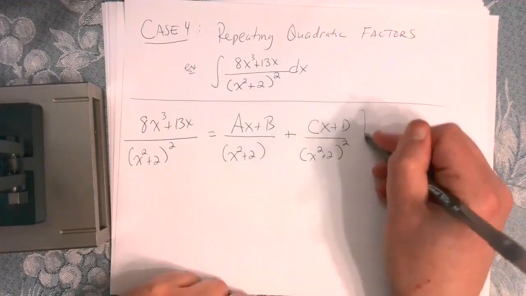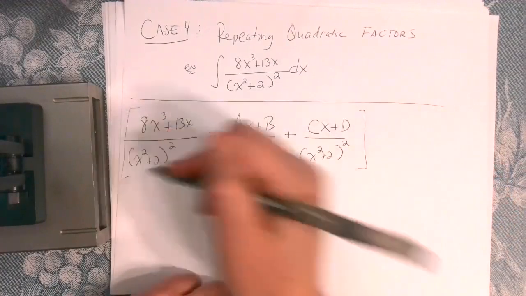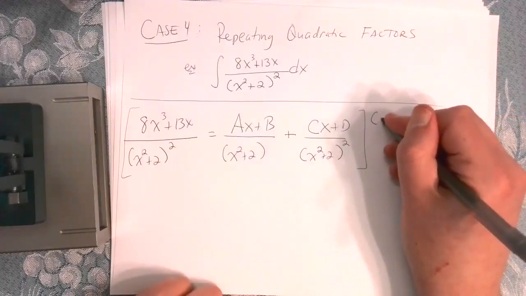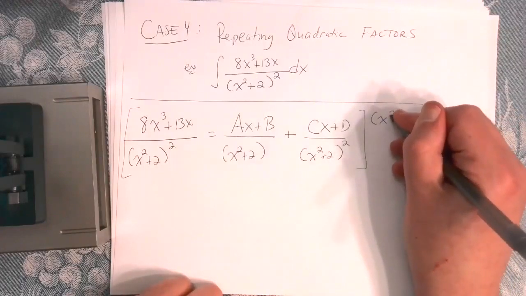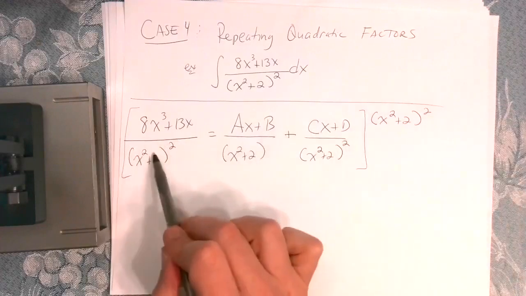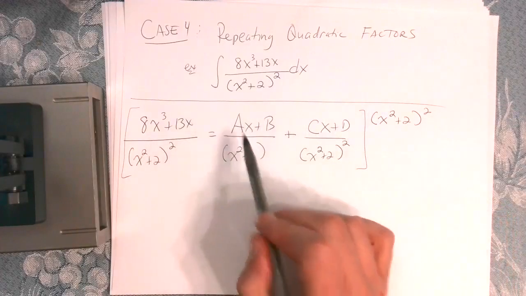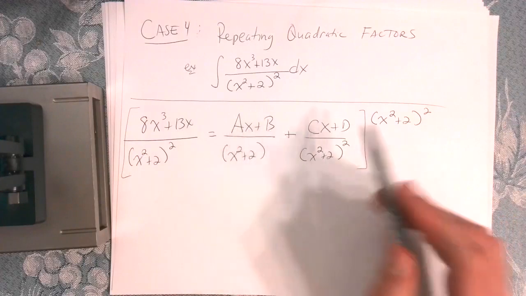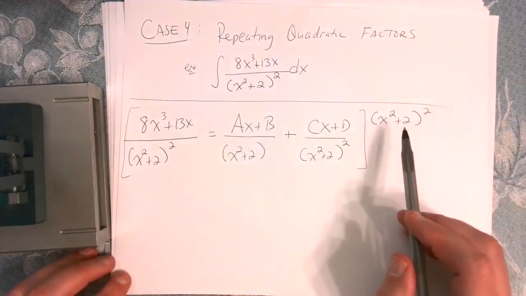Okay. Well, once you figure that out, it's really more of the same. Okay, so I multiply through by this, and that's going to kill all the fractions. So I can solve for a, b, c, and d. Okay, so you're going to distribute through.